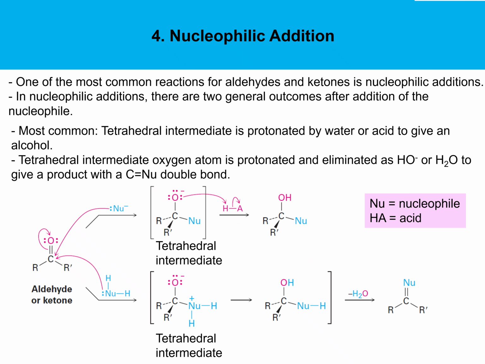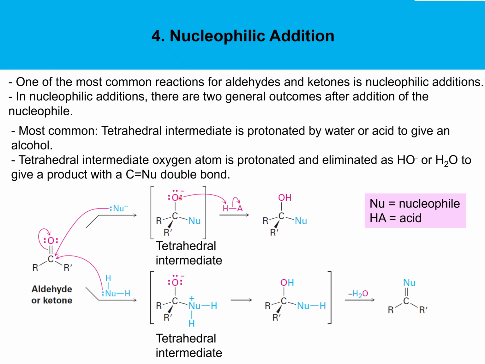One of the most common reactions for aldehydes and ketones is nucleophilic addition reactions. Now, there are two pathways for nucleophilic addition reaction depending on the nucleophile. The most common pathway is where a nucleophile attacks the carbonyl. That leads to breaking the double bond of the carbonyl, placing a negative charge on the oxygen, and this gives us a tetrahedral intermediate.